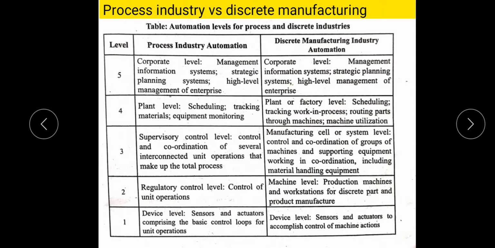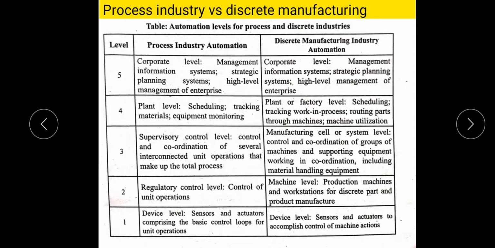Dear students, having understood the basic elements and contents of automation, we now look in more detail at industrial control systems. We divide industries and their production operations into process industries and discrete manufacturing industries.